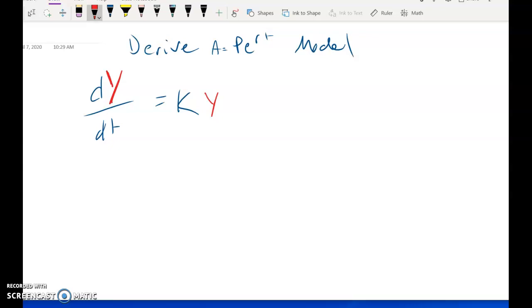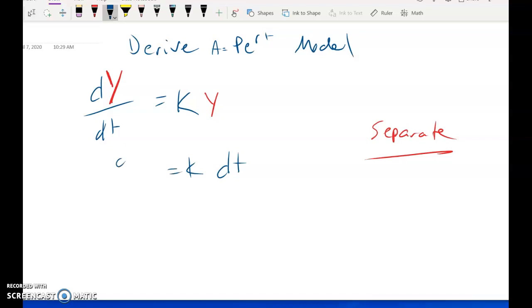So step one, I want to separate. Well, what's to separate? I want to put the y with the differential y, and I want to move the dt over to the other side too. So I'm just going to multiply both sides by dt, and then divide both sides by y.